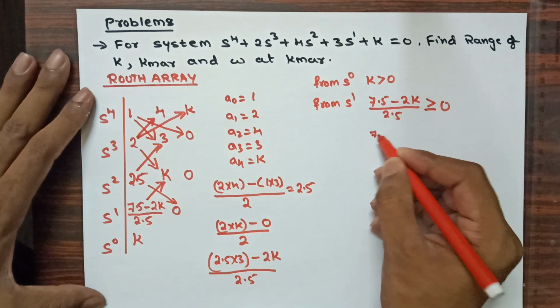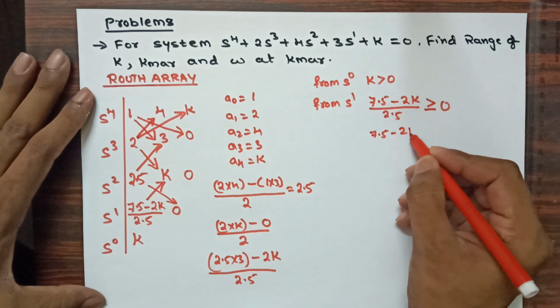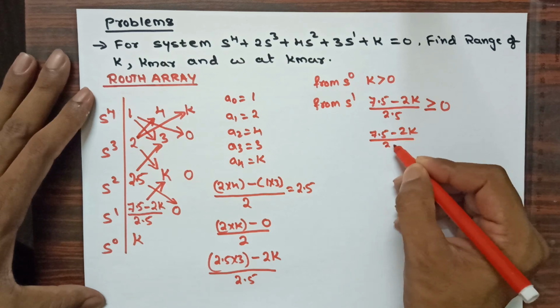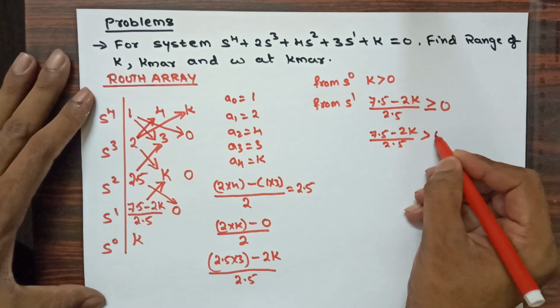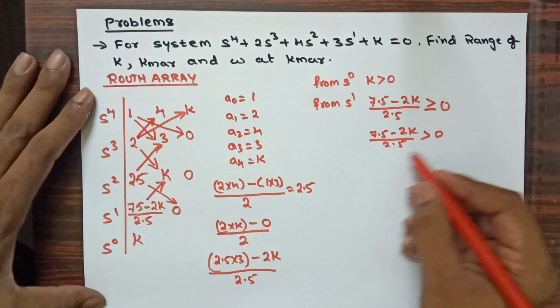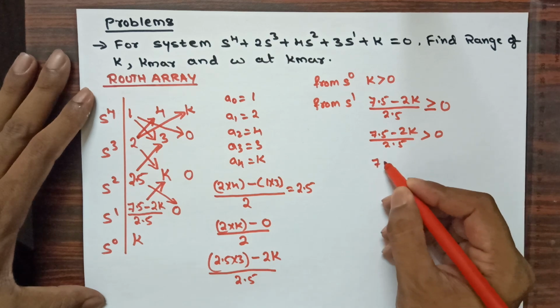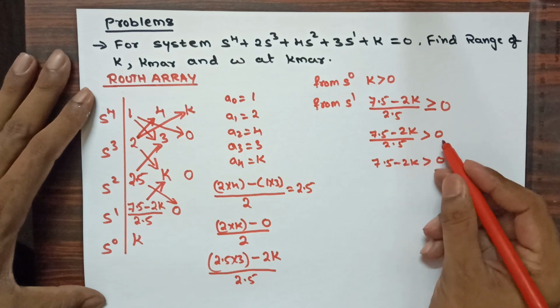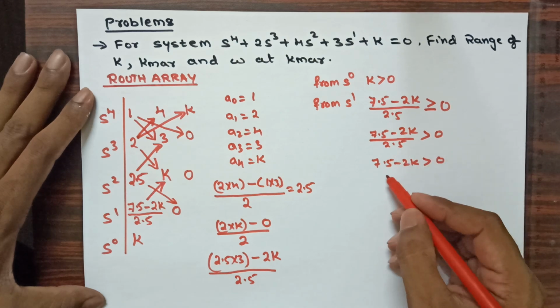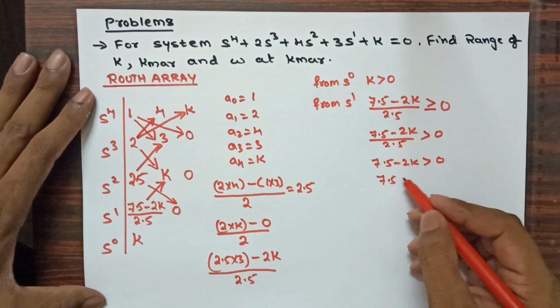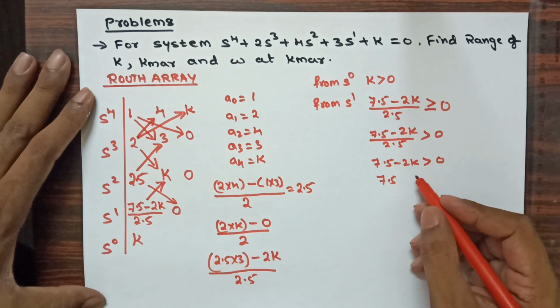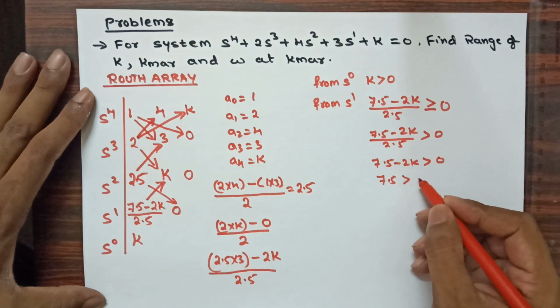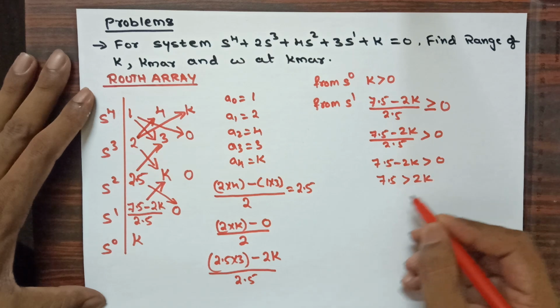So (7.5 minus 2k) whole divided by 2.5 greater than 0. By taking this 2.5 to the right hand side, I will get 7.5 minus 2k greater than 0. This will become 0 here. Next, by taking this 2k to the right hand side, I will get 7.5 greater than 2k.